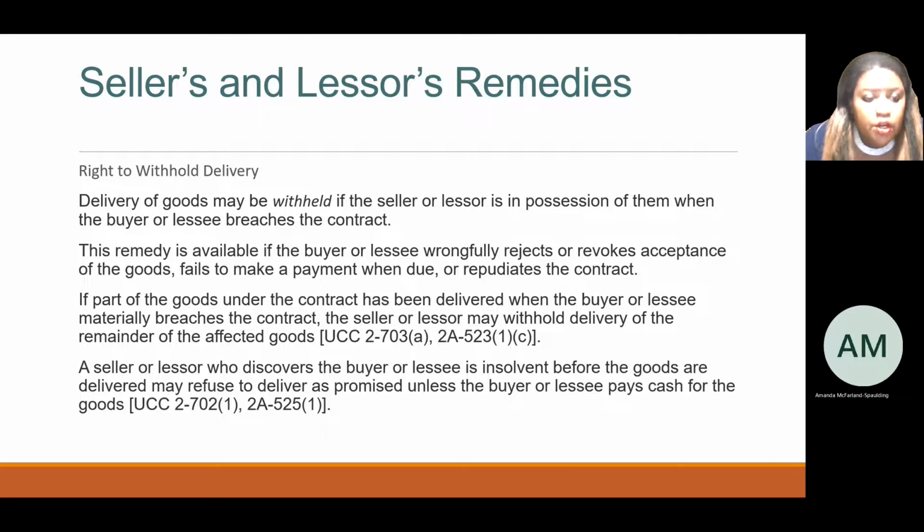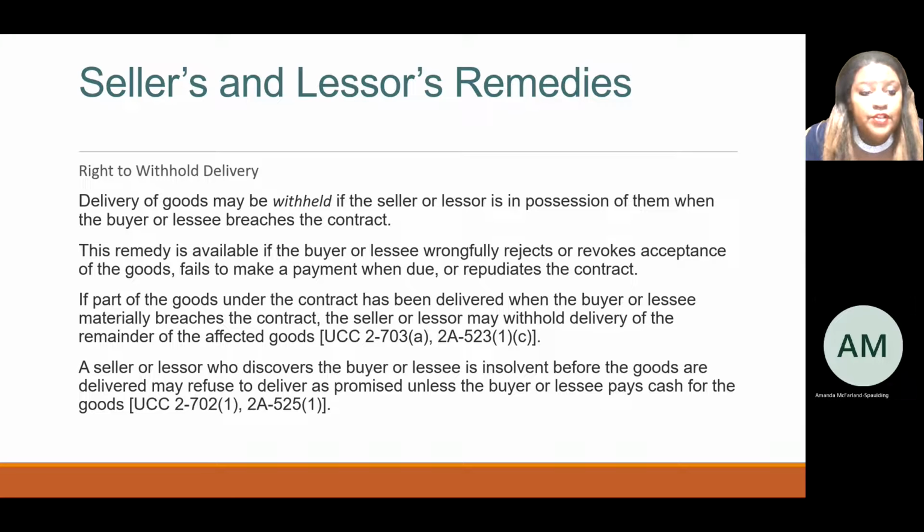If part of the goods under the contract has been delivered when the buyer materially breaches the contract, the seller may withhold delivery of the remainder of the affected goods. A seller who discovers the buyer is financially insolvent, maybe they file bankruptcy before the goods are delivered, may refuse to deliver unless the buyer can prove or pays cash for the goods.